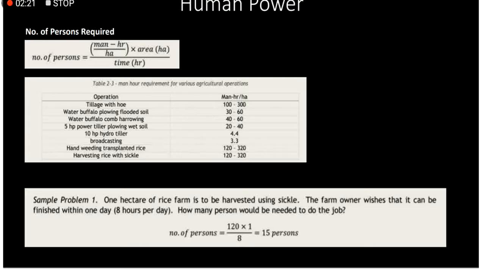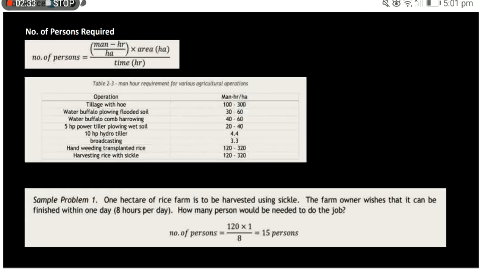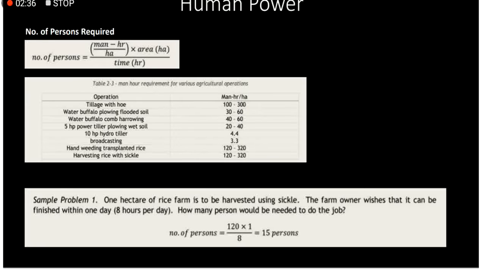Here is the formula: the number of persons equals the man-hour per hectare, this is the man-hour per hectare data, times the area required, all over the allotted time for that area to finish the job. With those parameters, you can compute how many persons you are going to hire to finish a certain area in that specific time.